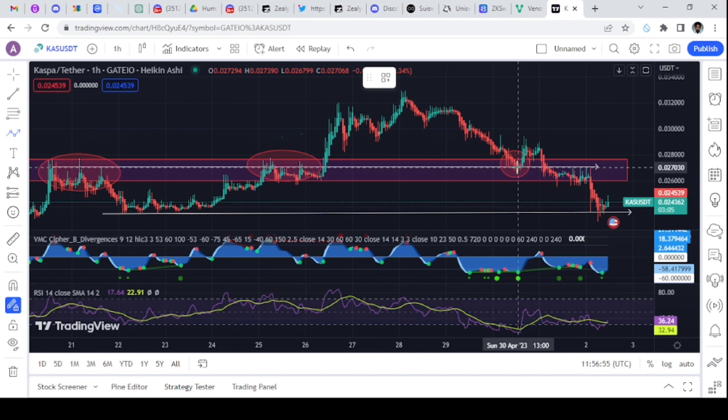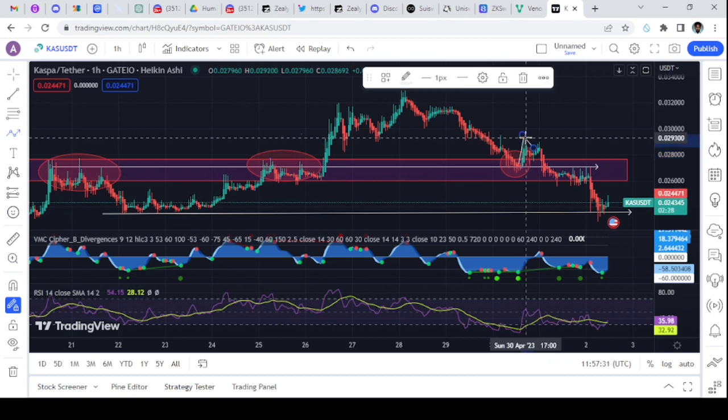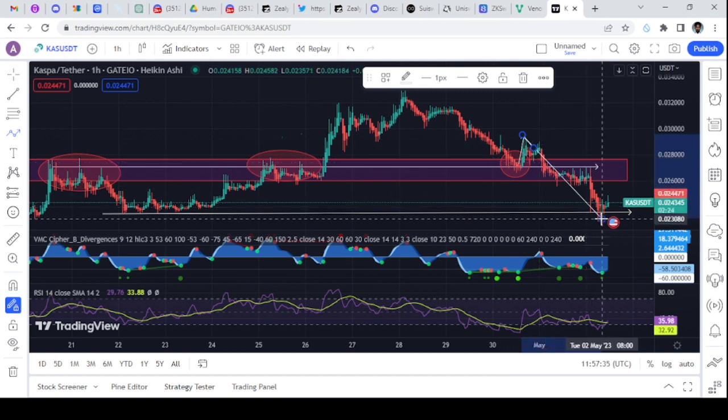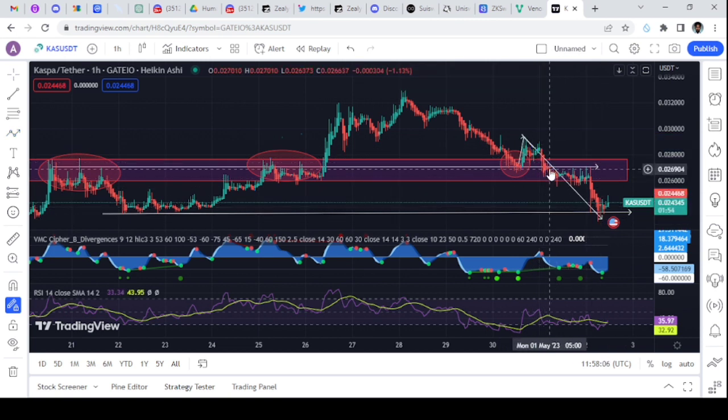But instead of this particular coin experiencing a major pump from this region to the upside and continuing the uptrend, it only experienced a slight impulsive move to this particular region, and then from this region it established a downtrend.